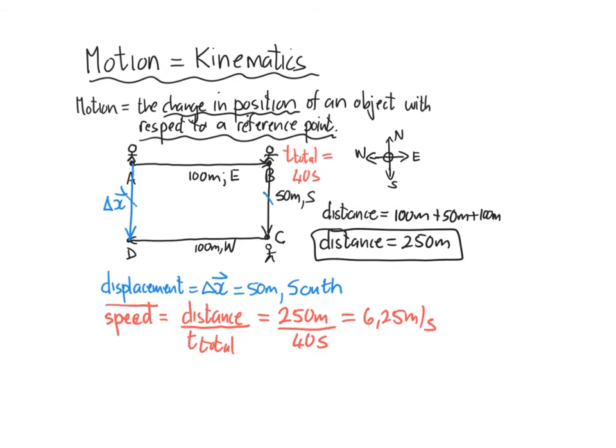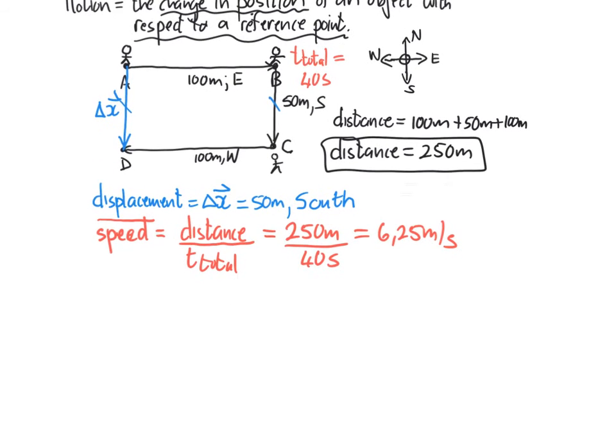If we are now to work out the velocity, then referring to the definition of velocity as being the rate of change of the position of the object per unit time, and velocity is a vector because the change in position is a vector, then this would be 50 meters south in 40 seconds.